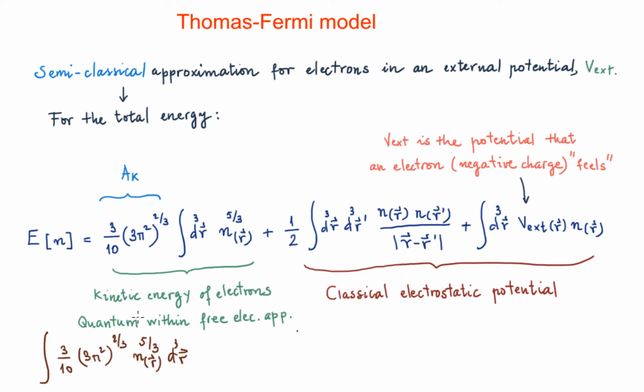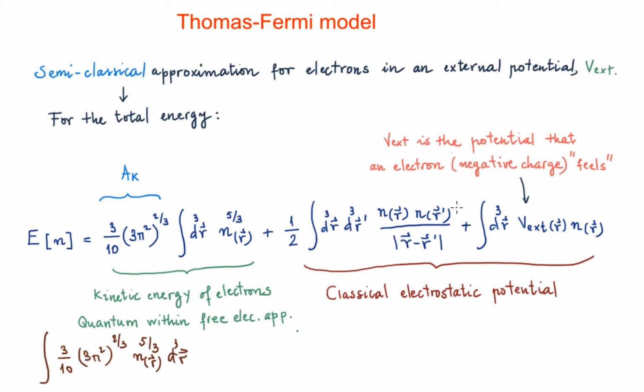So again, the first term here is the kinetic energy of the electrons. Of course, this is a quantum calculation in the sense that in order to derive that expression in the uniform electron gas approximation, we consider that the electrons are plane waves and they obey the Pauli exclusion principle, so that each state can just be doubly occupied because of the two spin states, and so on and so forth. Then we have the two additional terms, which correspond to the electrostatic potential.